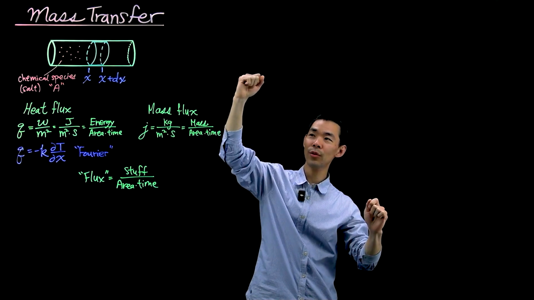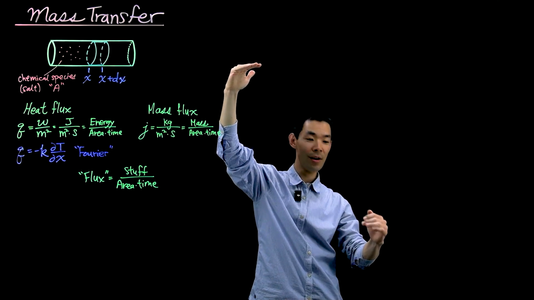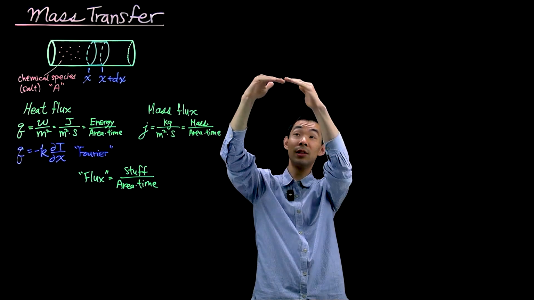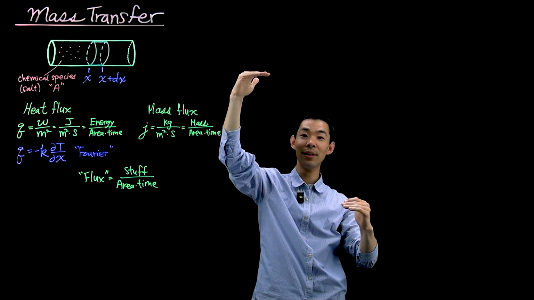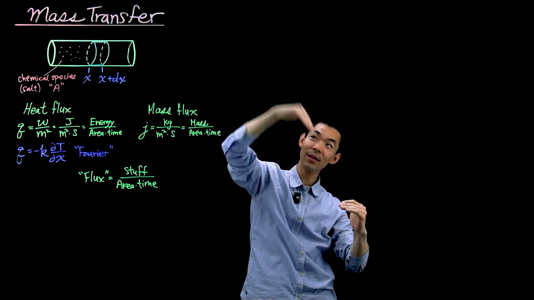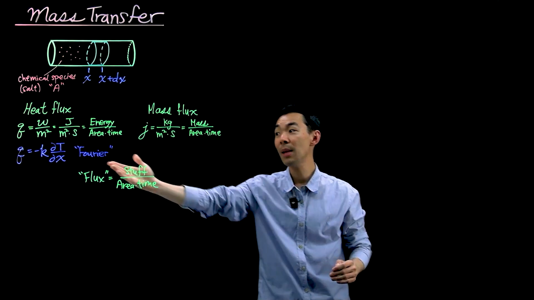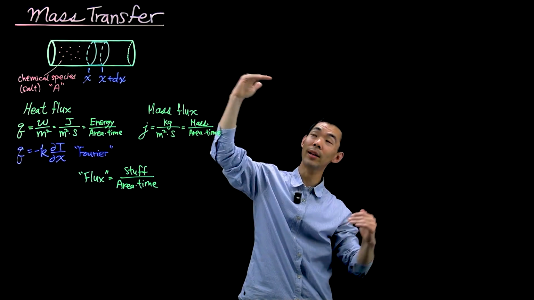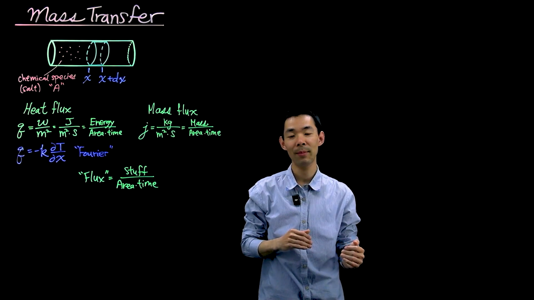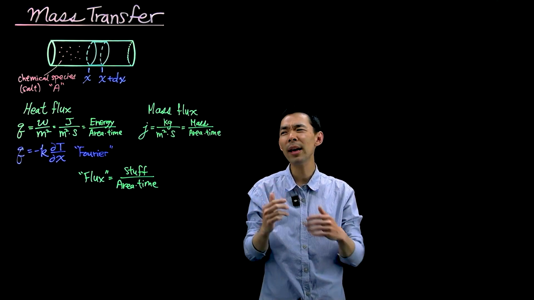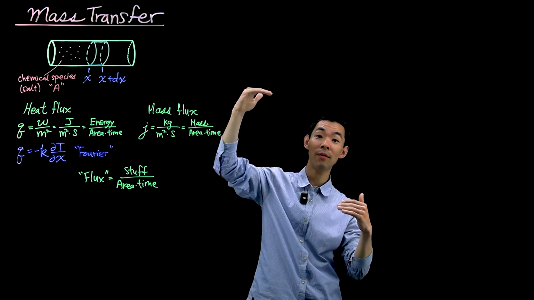The larger the spatial gradient, if I have 10 kilograms of salt here and 0 right here, and there's a steep slope, a huge gradient of salt concentration, you would expect the flux of that salt passing across this material to be very, very large. Same argument that we made for the temperature gradient. Wow, 100 degrees up here, 0 degrees, huge energy flux coming through. Same thing with mass.